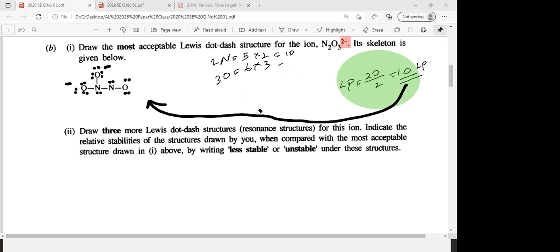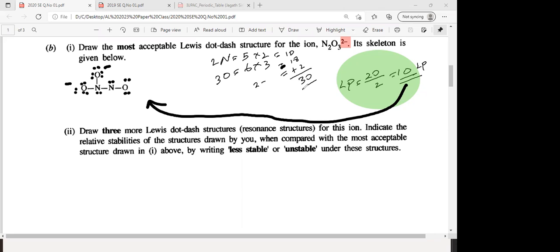Total will be, wait, this will be 18. 18 plus, for the negative charge, 2 minus charge is there, then you add plus 2 here. Then you get 30.